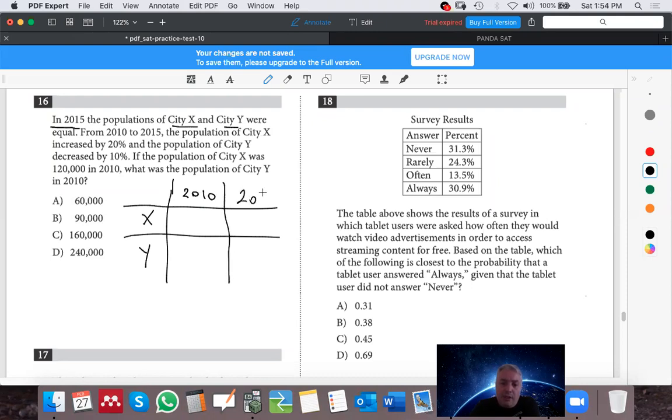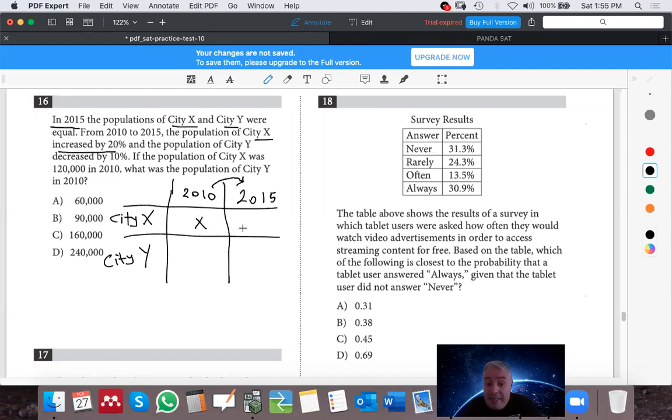This is now 2015. The population of X increased by 20%. Now wait here. If the population of X at the beginning is X, I don't know what the amount is. Let me call this city X. This is city Y.